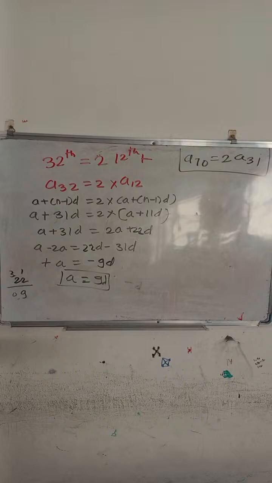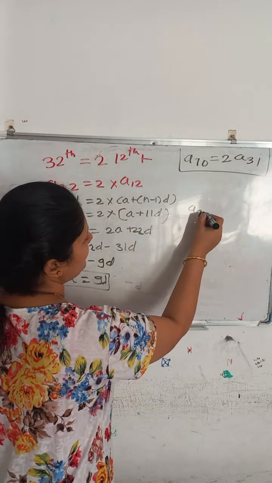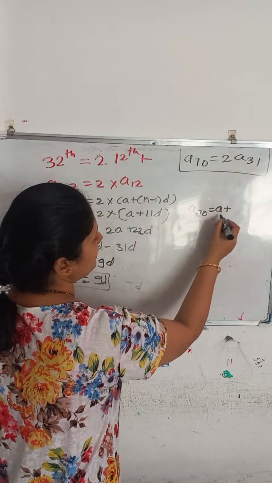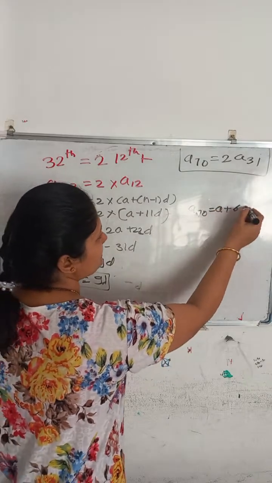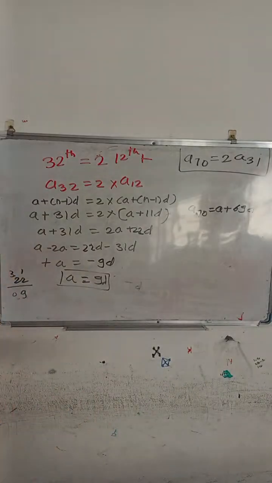Okay, now they are saying we have to prove A70 is equal to twice of A31. So I know A70, can we write A70 is equal to A plus n minus 1, that is 69D? We can write it like this, correct? So once we write it like this, what changes can we make here? We got A is nothing but 9D, no?